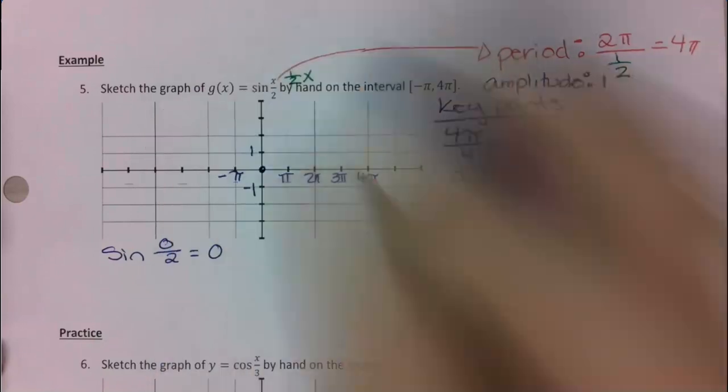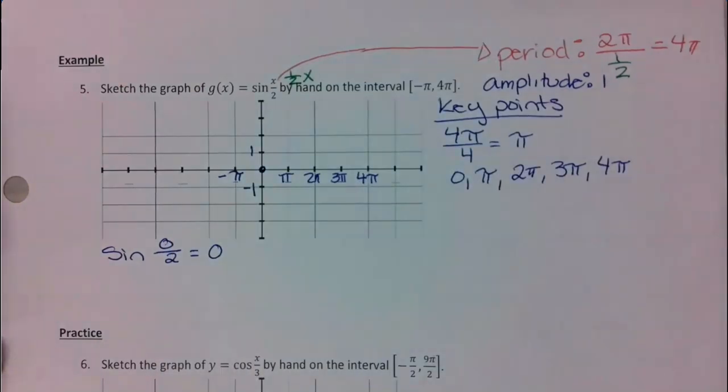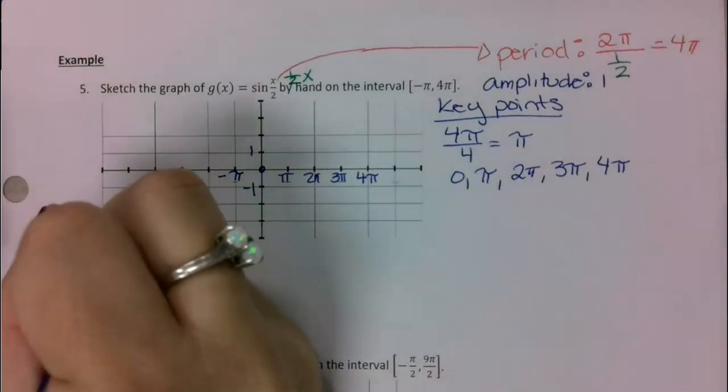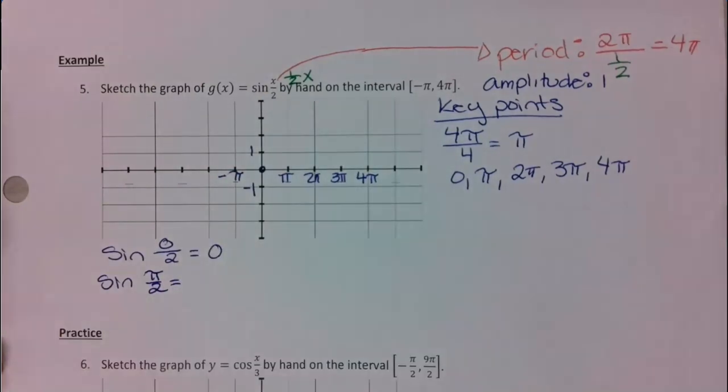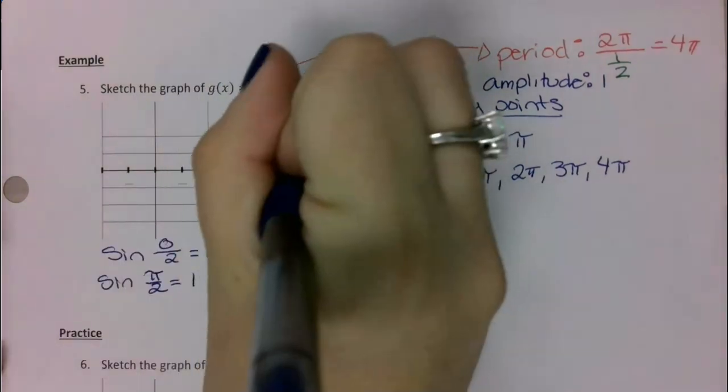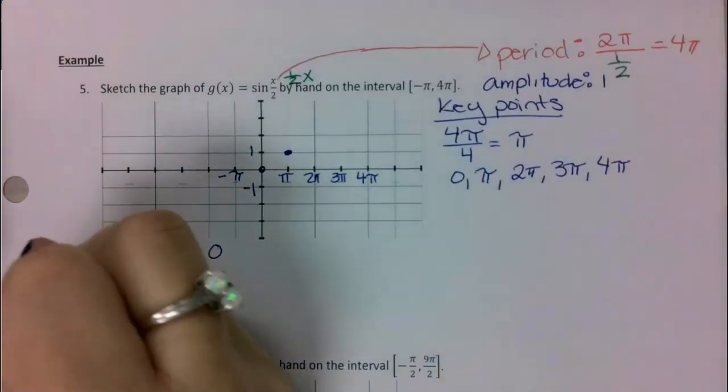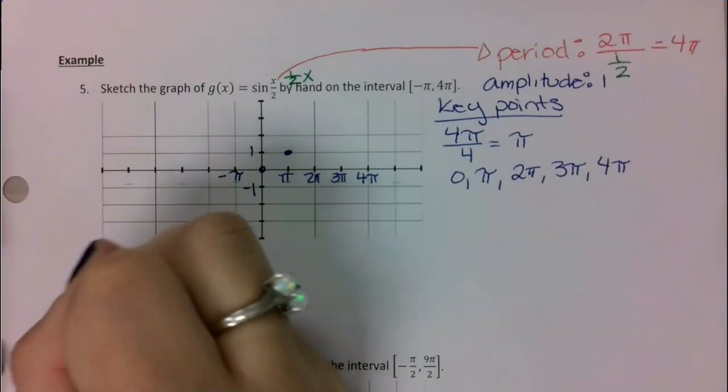Then I'm going to plot that at 0, 0, because I plugged in 0 and I got out 0. Then I'm going to do the same thing for pi. So I have sine of pi divided by 2, which gets me, then I'm going to do sine of 2 pi divided by 2.